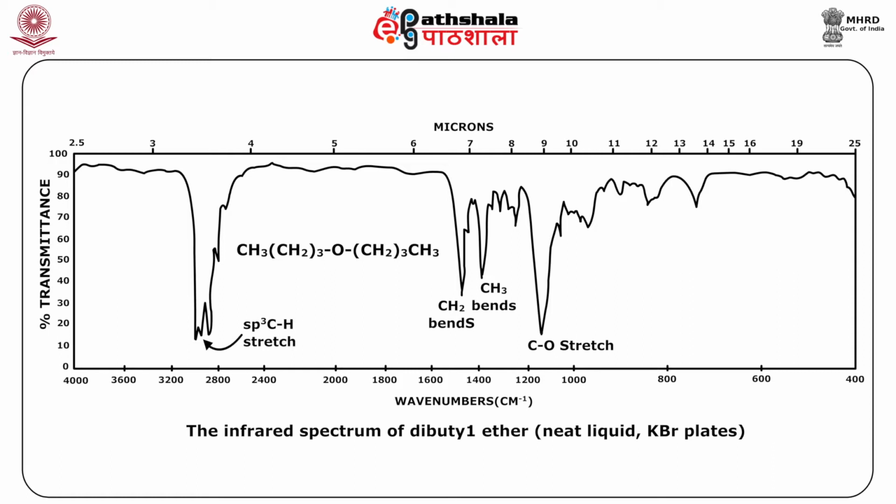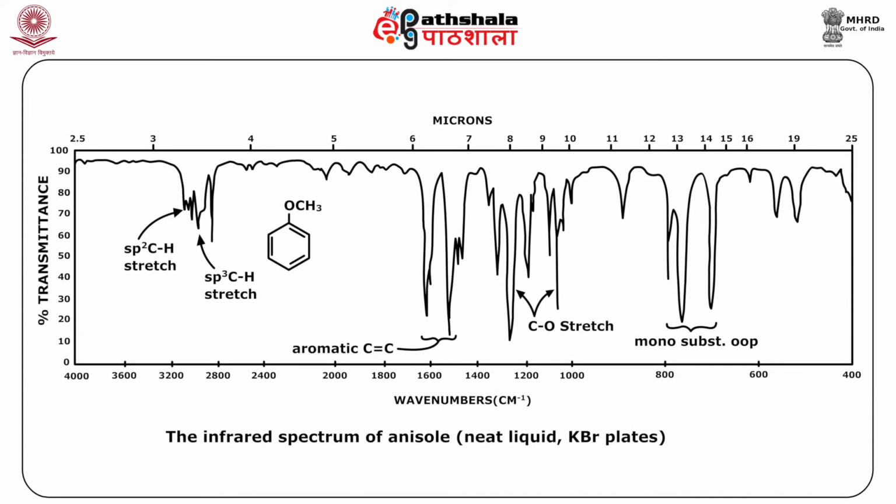Now, this is clearly shown in the IR spectra of diethyl ether, which is taken as a neat liquid using KBr plates. Now, the conjugation of ether with a carbon-carbon double bond or phenyl ring shifts the C-O-C symmetric stretching to 1250 cm⁻¹.